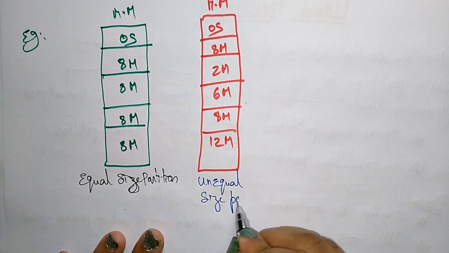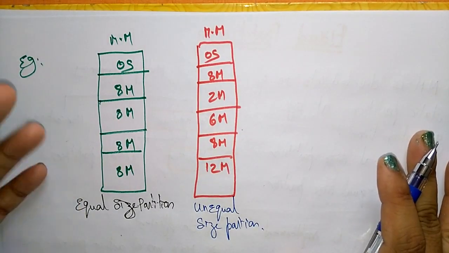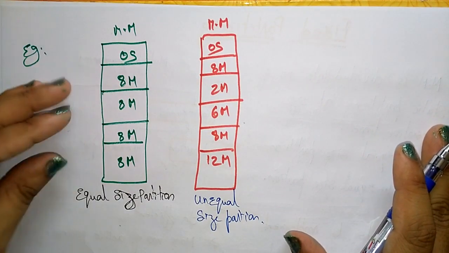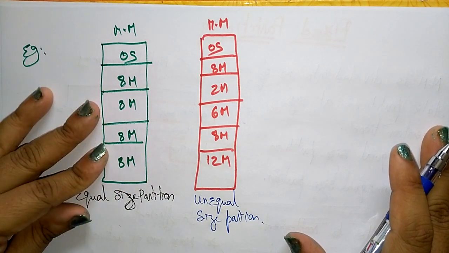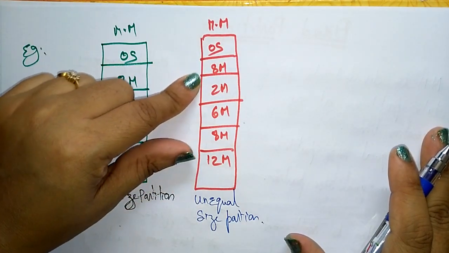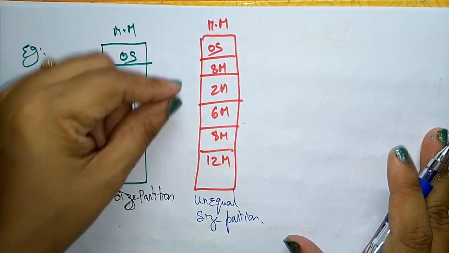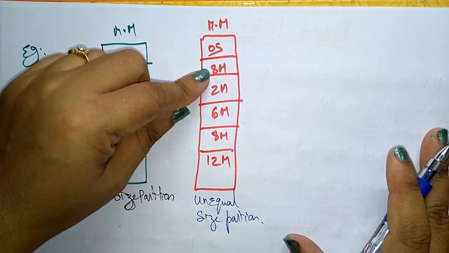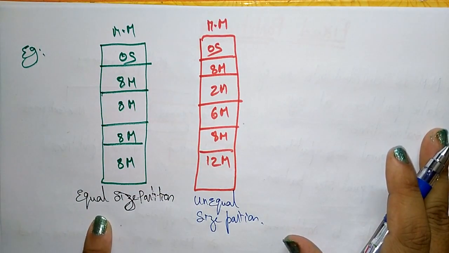If you take 64 megabytes of memory, it can be allocated as equal 8M partitions. Unequal size partition means you divide the memory into unequal sizes, but it is fixed and won't be changed. One process can enter only one slot, one chunk, one segment. So 8M, 2M, 6M, 8M, 12M, like that. This is unequal size and equal size fixed partition.